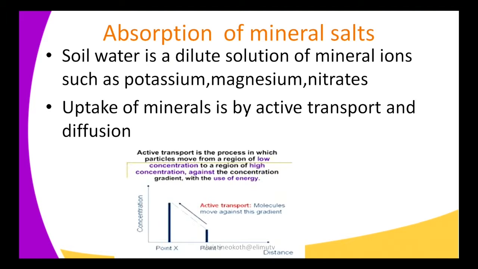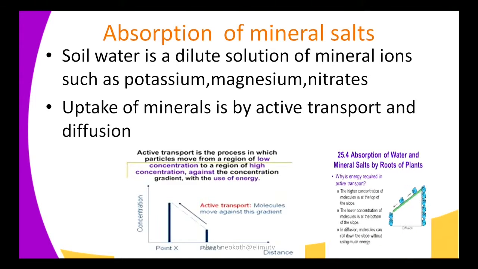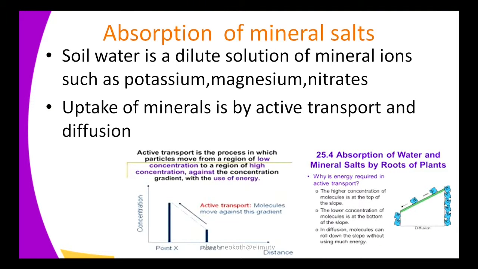Active transport is the process in which particles move from a region of low concentration to a region of high concentration, against the concentration gradient, with the use of energy. So there has to be a use of energy there. We have an illustration demonstrating how minerals are transported using active transport.